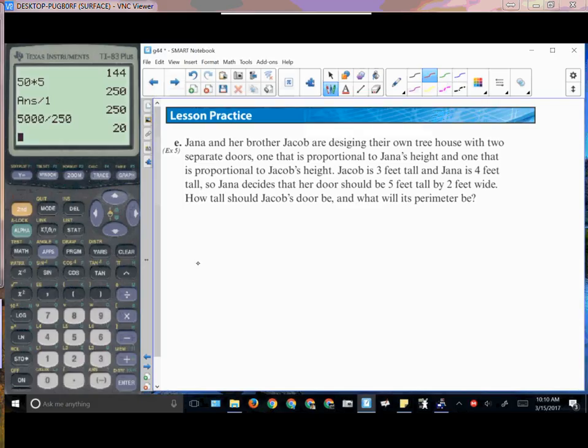So Jacob is 3, Jana is 4. So Jana decides that her door should be 5 feet tall by 2 feet wide. Okay. How tall should Jacob's door be, and what will its perimeter be?